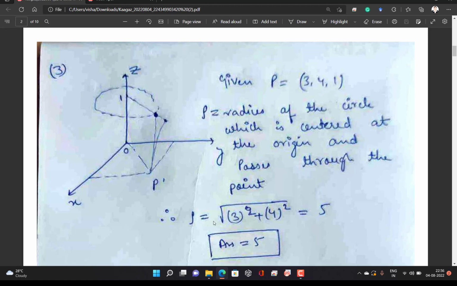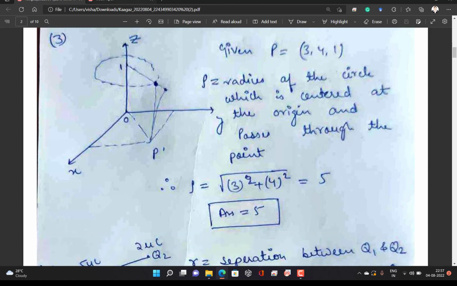So rho will be equal to under root of 3 square plus 4 square, the Cartesian coordinates for x and y. So 3 square plus 4 square under root of this value will be equal to rho. Rho here is the radius of the circle which is centered at the origin and passes through the point P. Okay, so rho here we got is equal to 5. So the answer here will be 5.